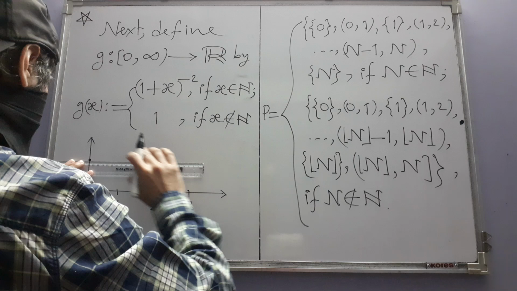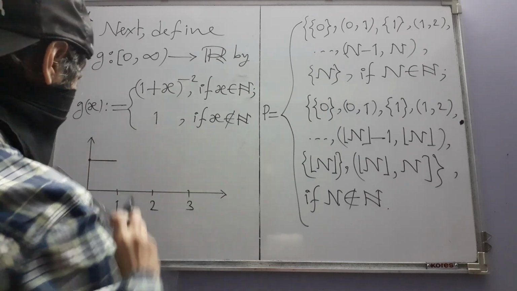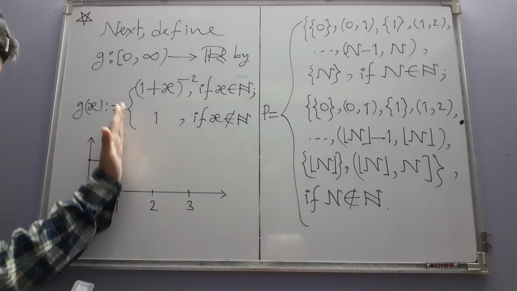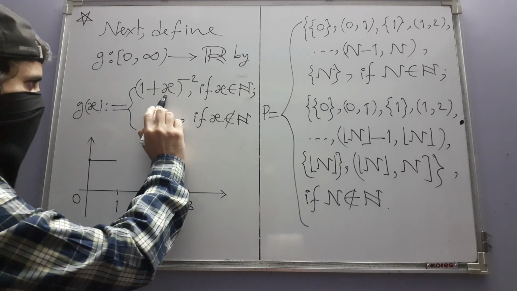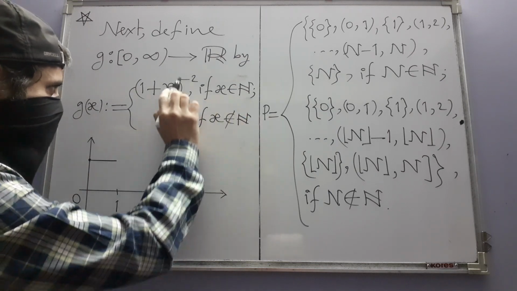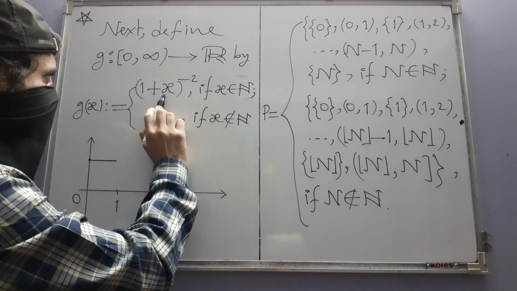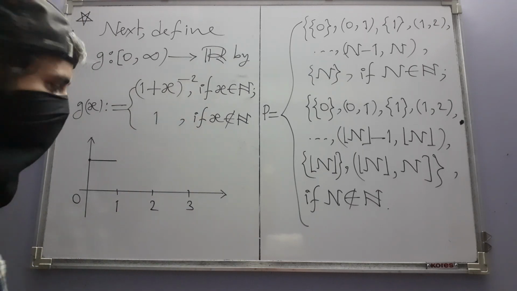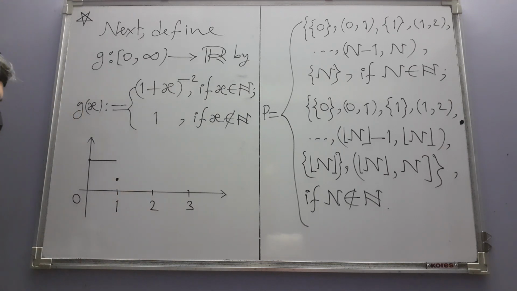So the graph looks like this. But the graph doesn't quite reach this vertical line because at 1 it changes. If you put x equal to 1, we have to use this part of the function. So it is 1 plus 1, 2, 2 to the power minus 2, that means 1 divided by 4. So here the value is somewhere here, 1/4 of 1.